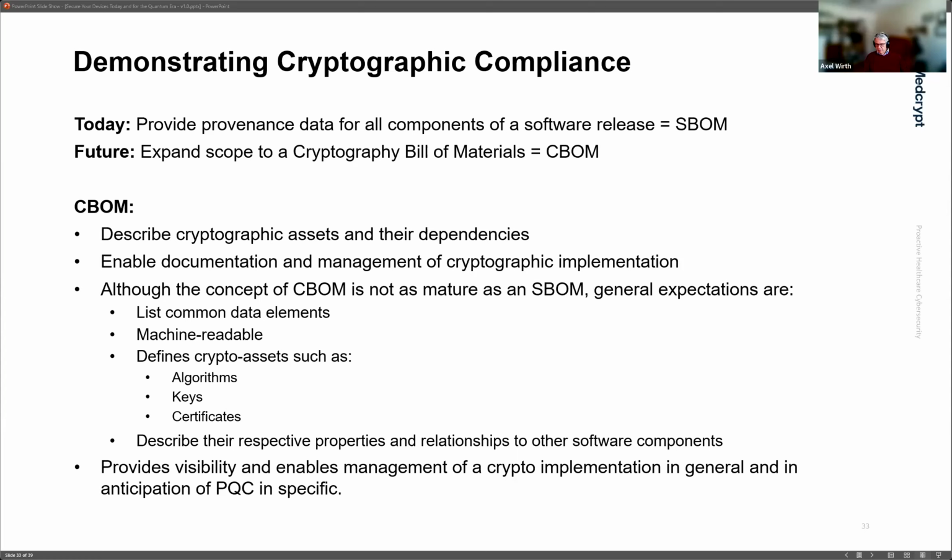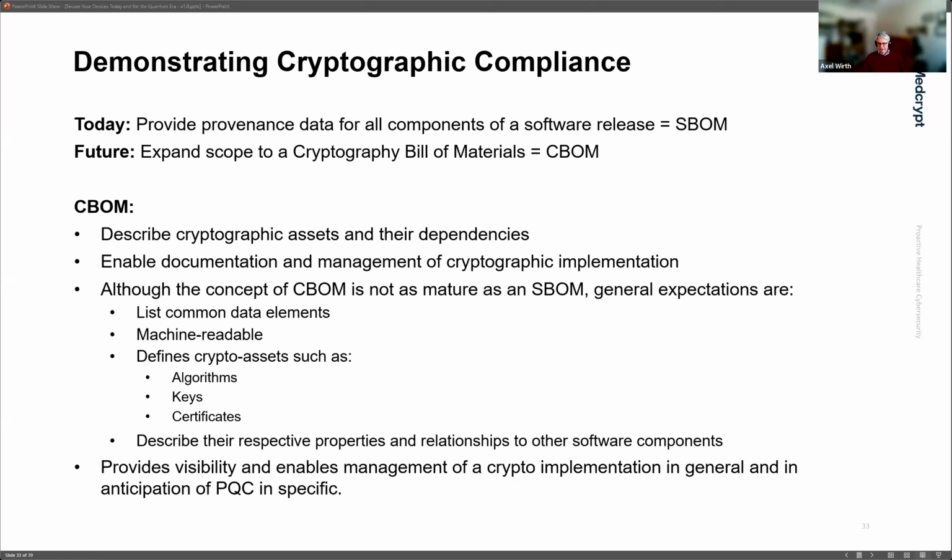Overall, the concept of a CBOM is not as mature as the concept of an SBOM, but the expectation is that you list your common data elements, that it is machine readable, and that you define key crypto assets such as algorithms, keys, and certificates, and describe their respective properties and relationships to other software components.